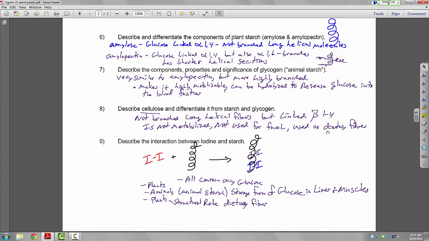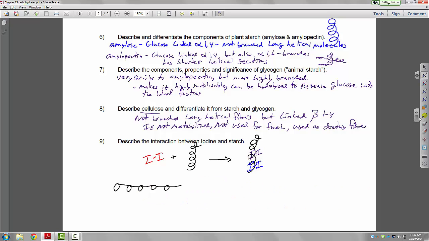One other thing I should say about these polysaccharides, starch and iodine, go out like this. Each circle here is a glucose unit. So imagine this is thousands of glucose units long. Okay, there is a reducing end and a non-reducing end. The reducing end contains the hemiacetal.